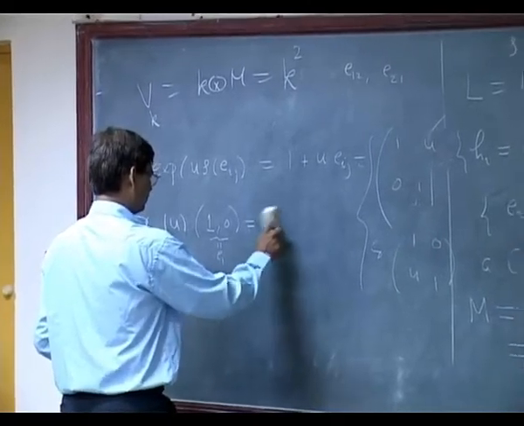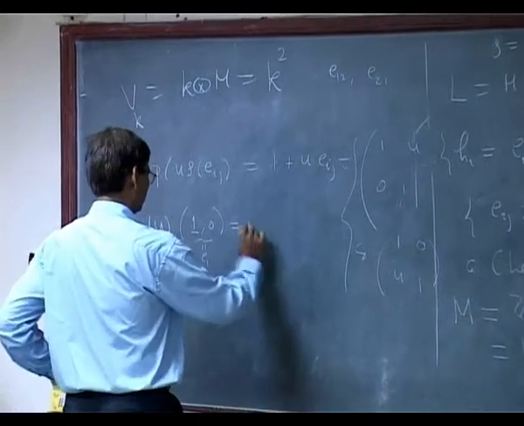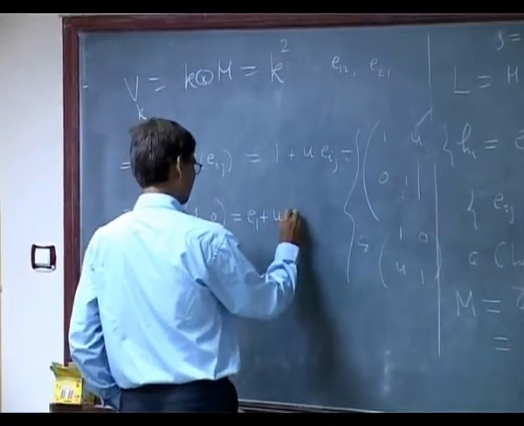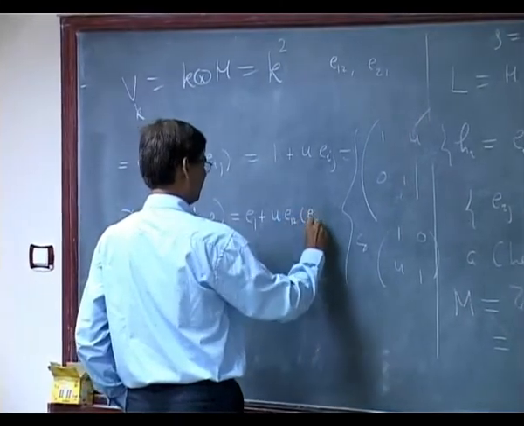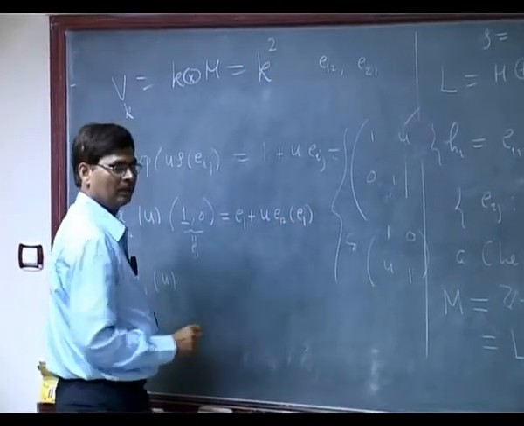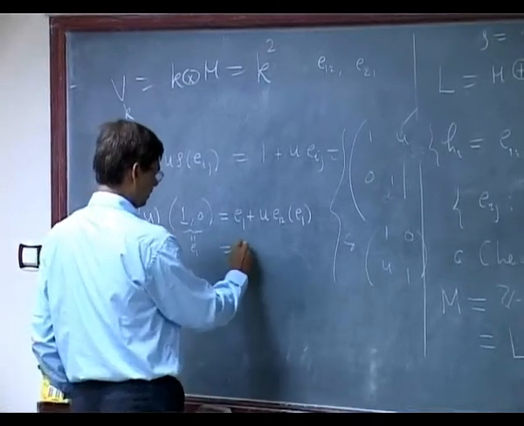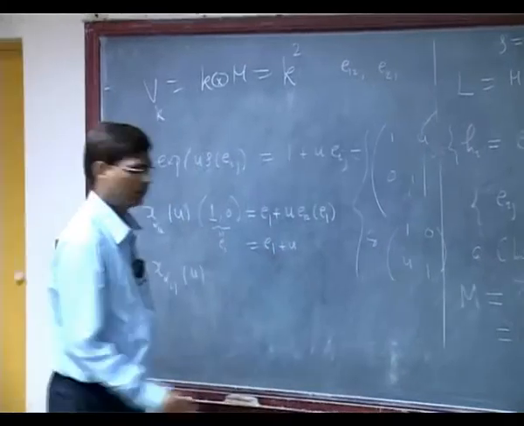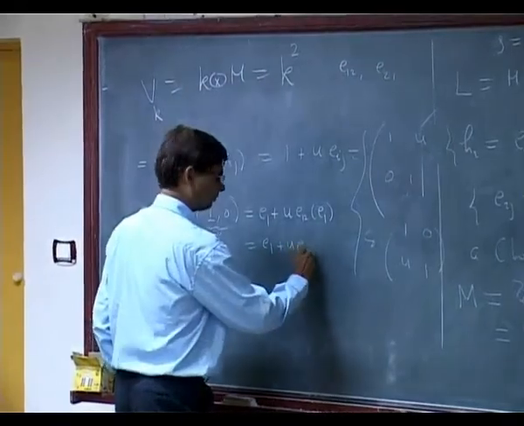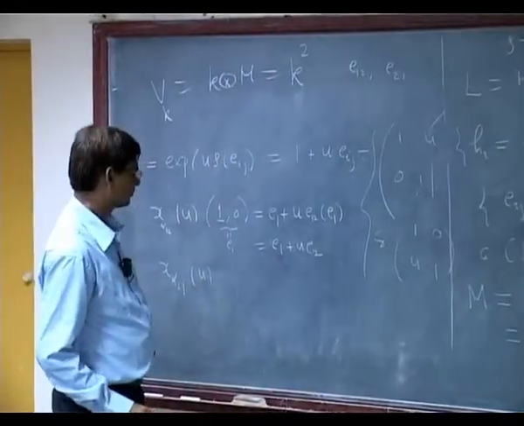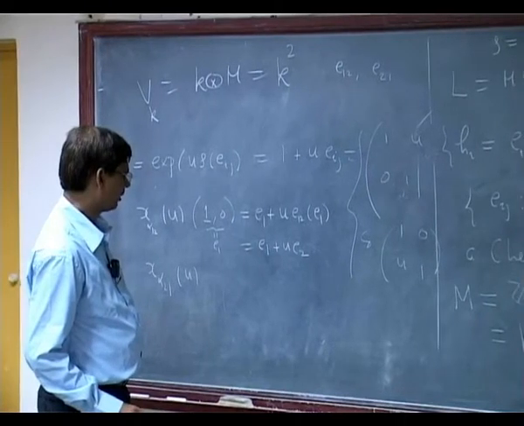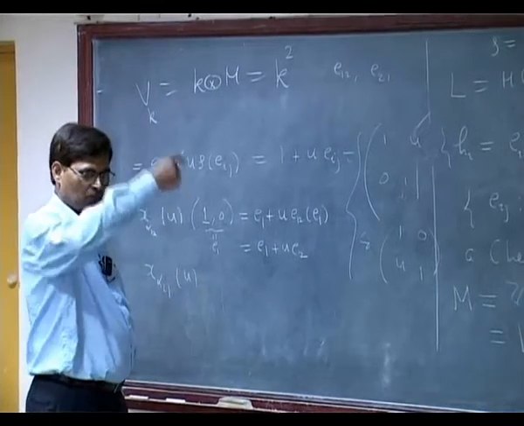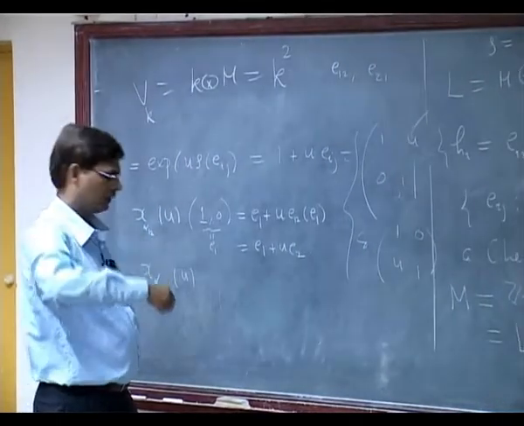So, this will be E1 plus u times E12 of E1, right. Which is E1 plus u times E12 of E1. E12 is 0 except at the 1 2 place. So, E2 goes to E1, but E1 goes to 0.